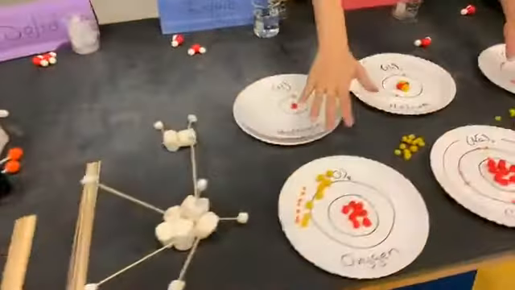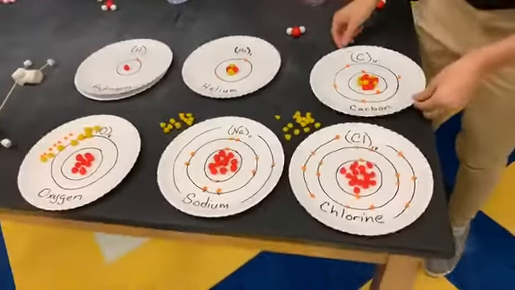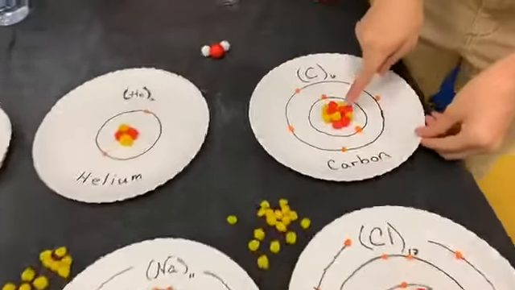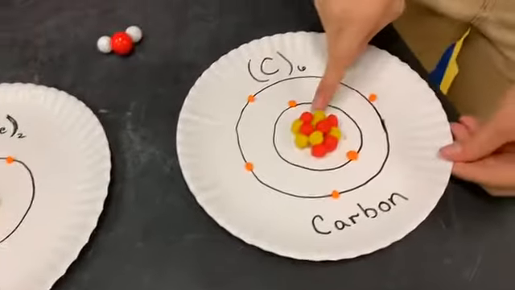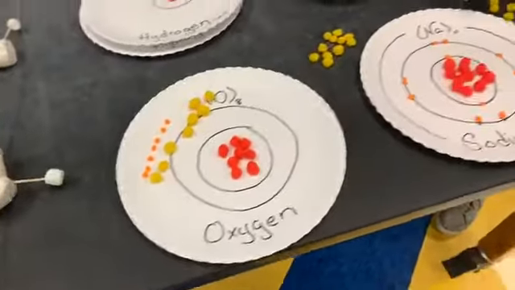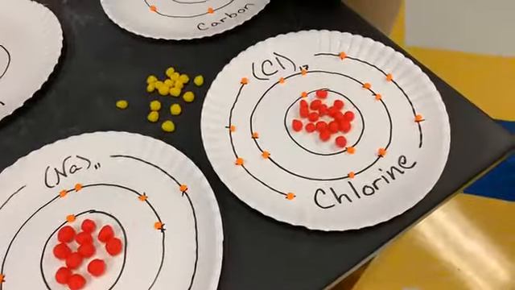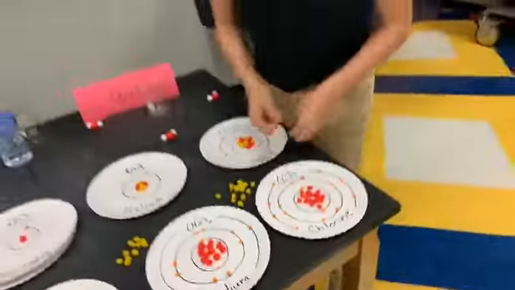Let's look again at my models here. I've already put out the protons for you to see. So, for example, with carbon here, we have 6 protons, and I've also included 6 neutrons and 6 electrons. Oxygen, 8 protons. Sodium, 11 protons, and chlorine, 17 protons. It is a very big element.